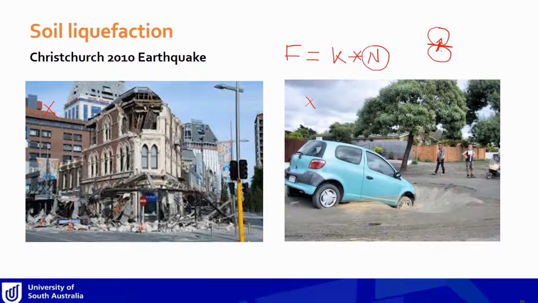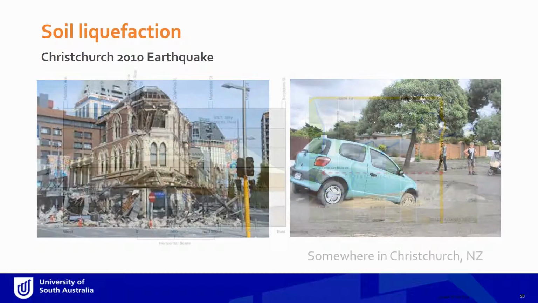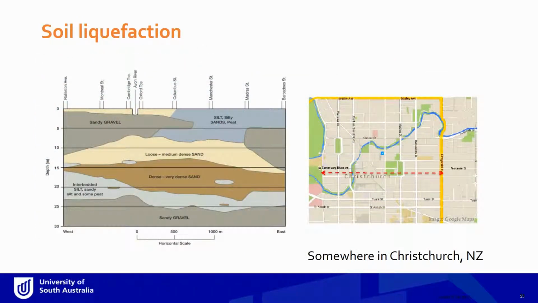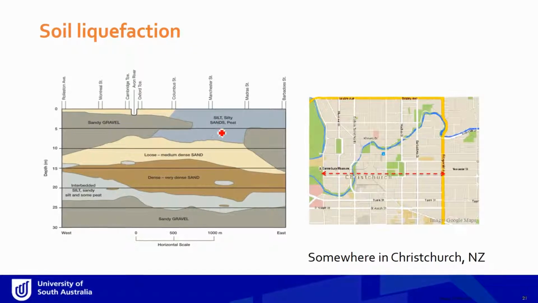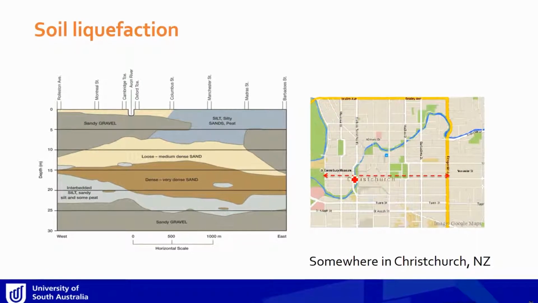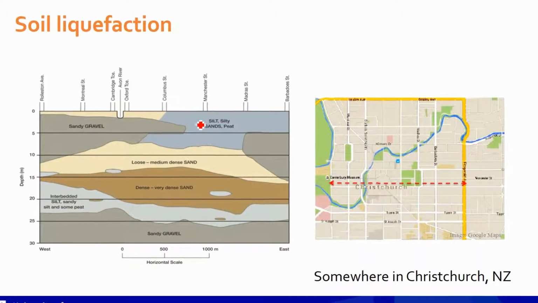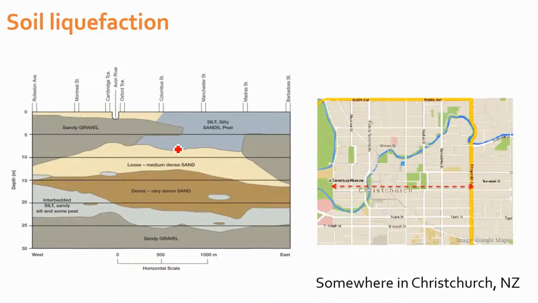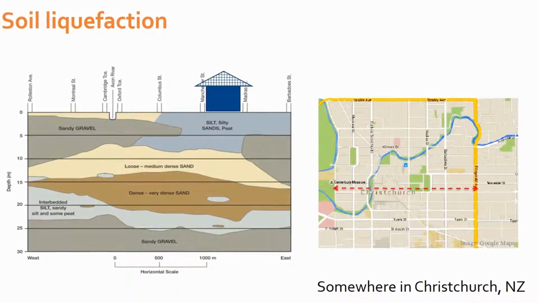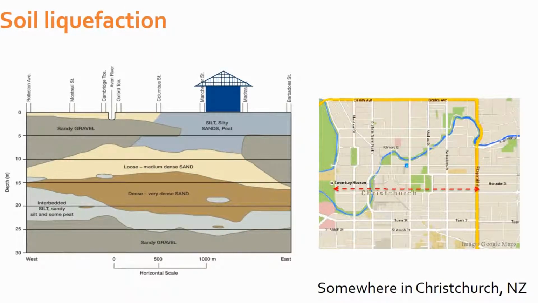Now, what happens during an earthquake? Let's go and see a location. This is a cross-section, or how the soil profile looks somewhere in Christchurch. That's the location you can see in here. Let's say this is all sandy type soil, and we have a structure on top of the soil as well.